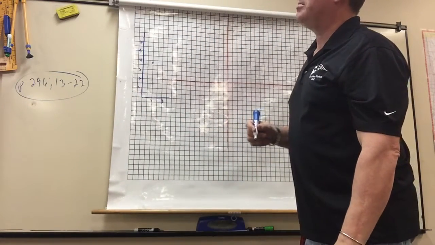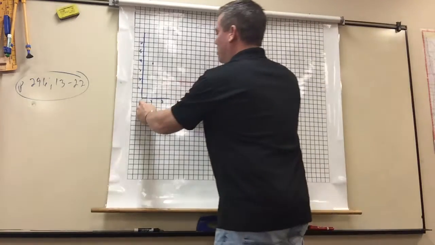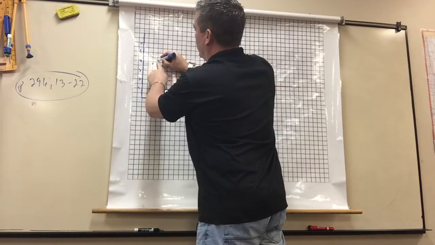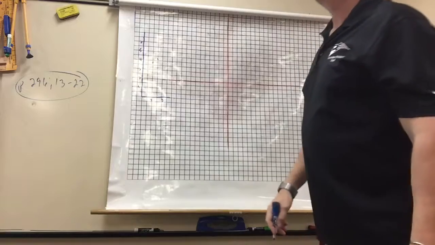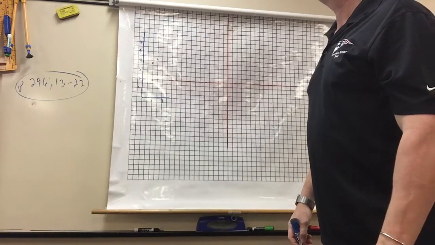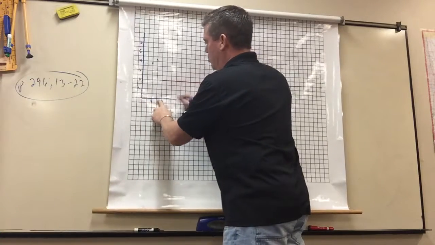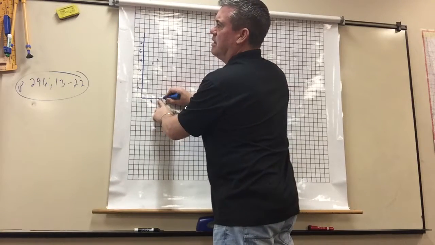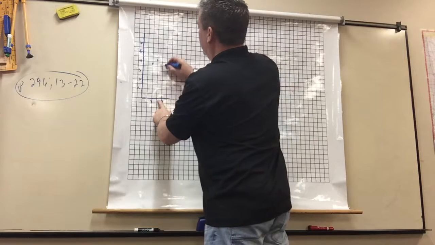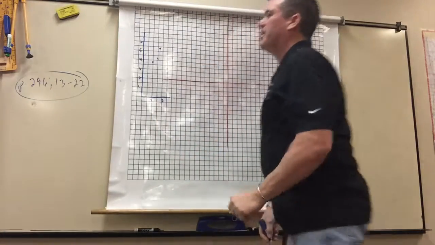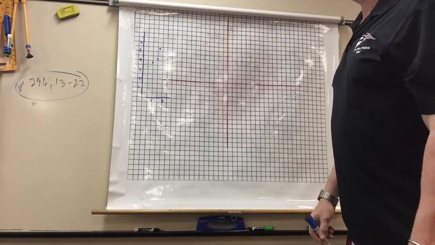The next point is 1.5, 4.2. So 1.5, 4.2 would be right about there. Then 1.7 and 5.3. So here's 1.5, 1.7 would be right about there. And then 5.3 up would be right about there. 2 and 5.8.